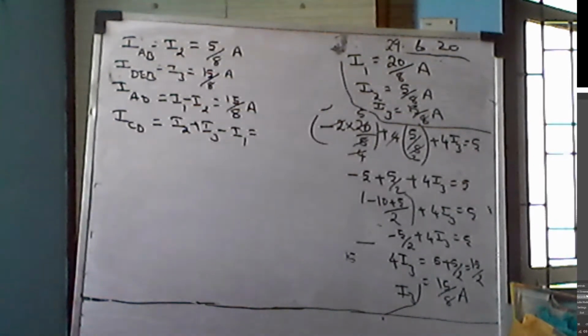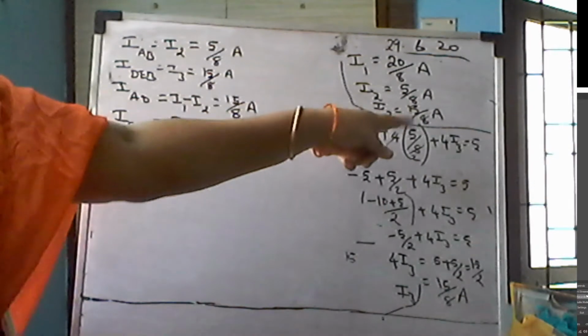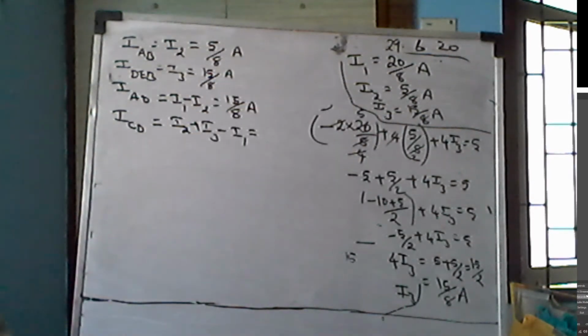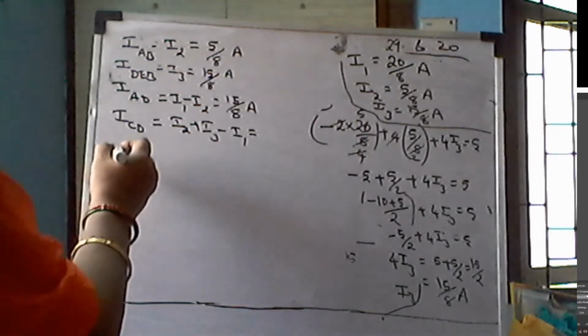So I2 plus I3 is 20 by 8, so minus I1. Now let me tell you IBC.